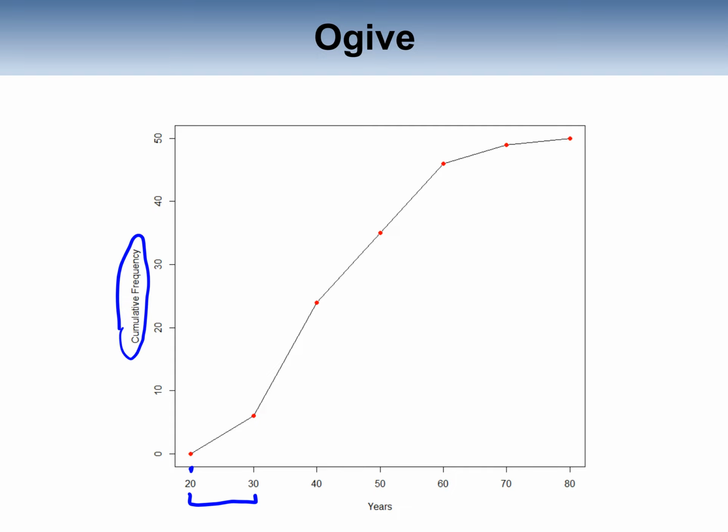So here we have 6, that's 6. The next one in the column was 24, and I'm putting them right with the 40, and then 50. This one here would correspond to 35, then 46, then 49, and 50. And you can get information from that too, so you can see what the cumulative frequency is of the data set.